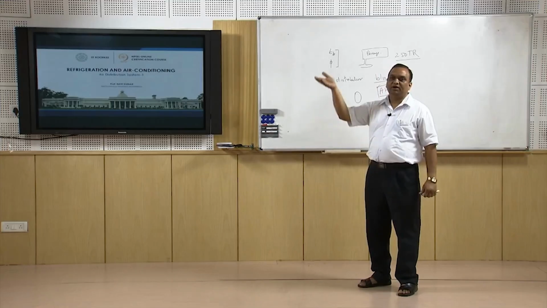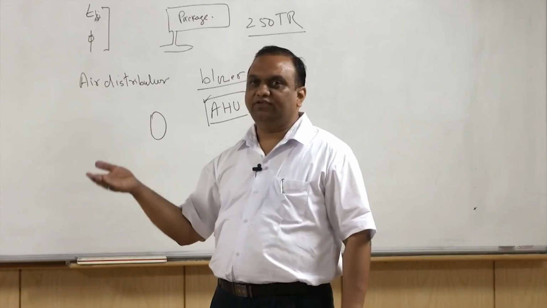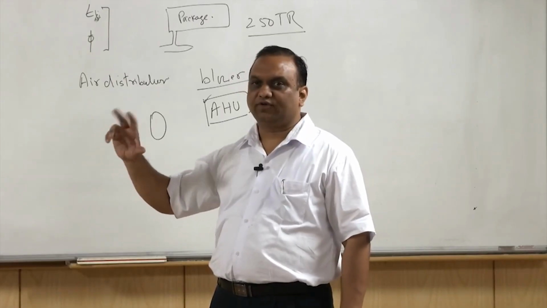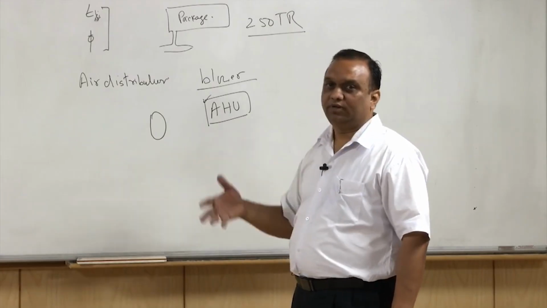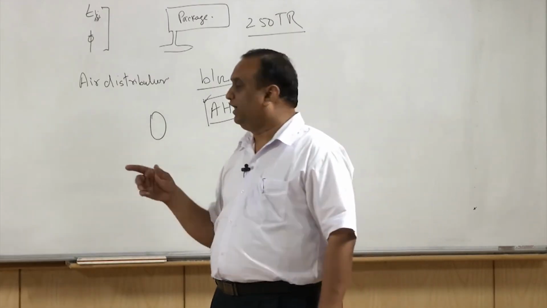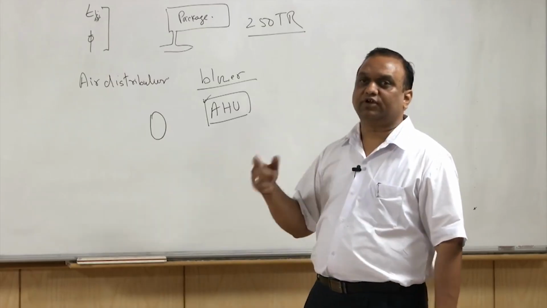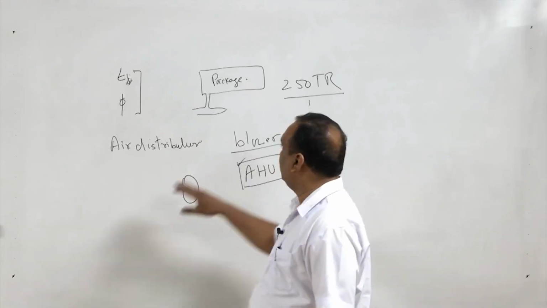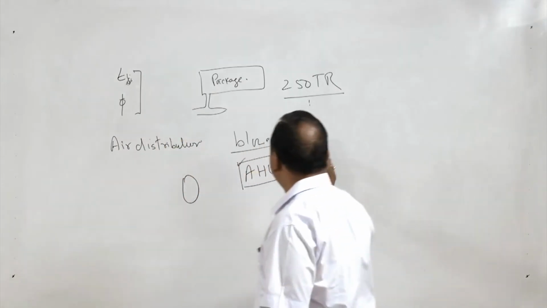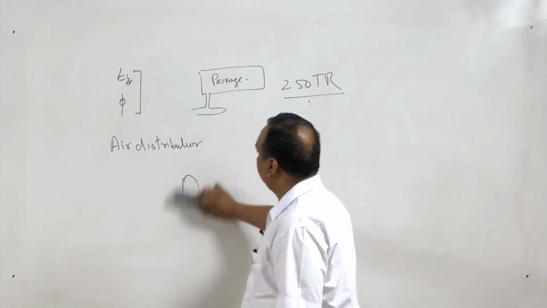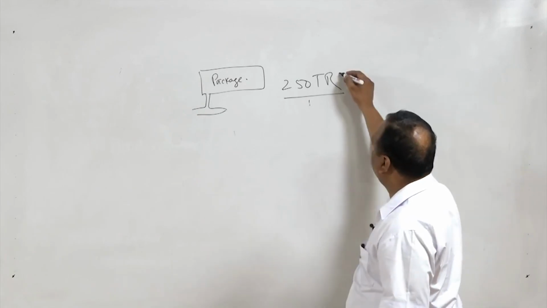Suppose there is a multi-storied building. Normally on each floor or on alternate floors, the air handling units are placed. They are blowers, used for circulating air in the building. Suppose the cooling capacity of the air conditioning system is 250 tons of refrigeration.